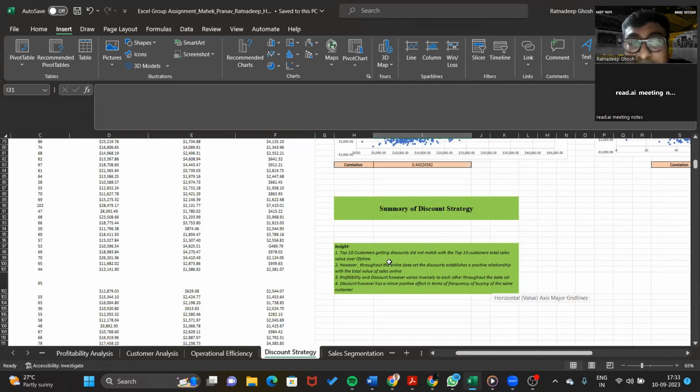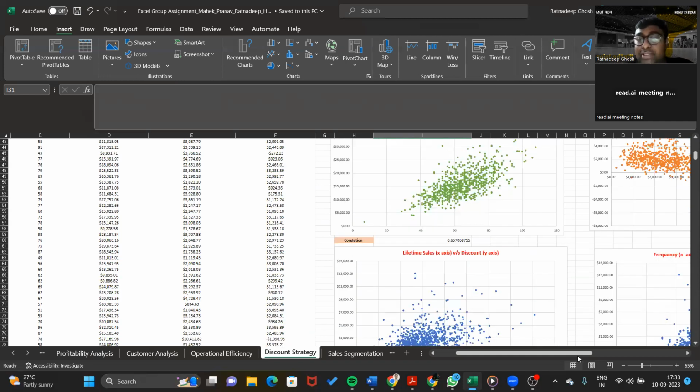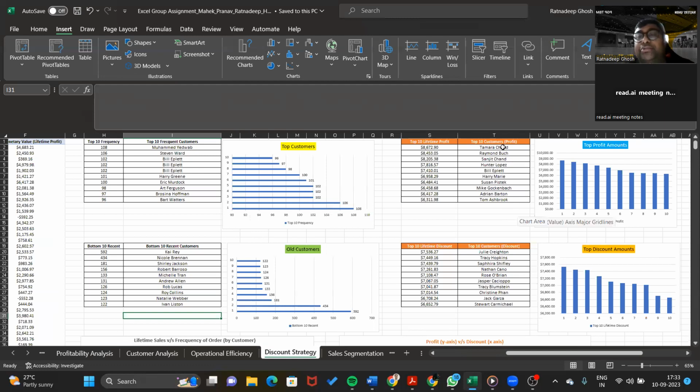for the top 10 customers getting discounts, they did not match with the top 10 customers having the total sales value over lifetime. So what I mean by that is the top 10 customers who got the discounts as per this list don't match with the top 10 customers from which we got the total sales, the total frequency, and also the top 10 customers in terms of profit.